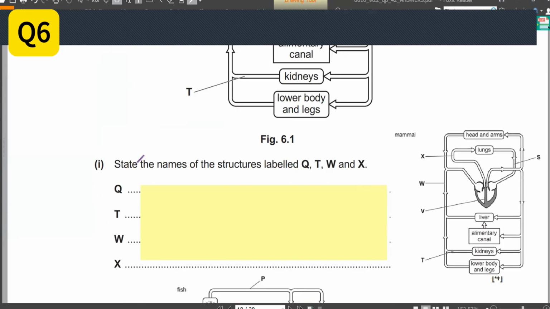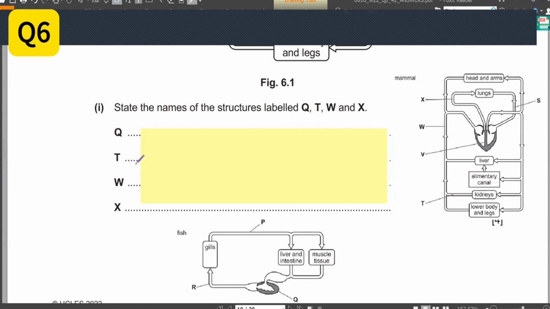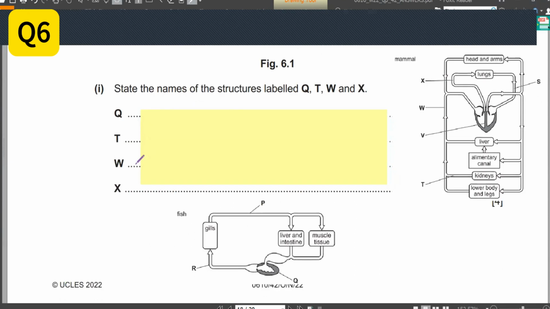Next, let's take a look. First, we need to identify some of the parts. First Q, in the fish. The tubes will be the blood vessels.